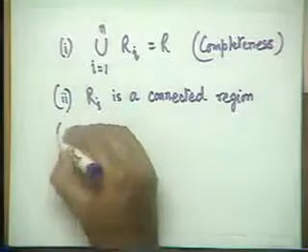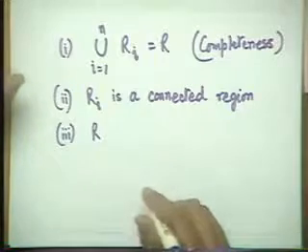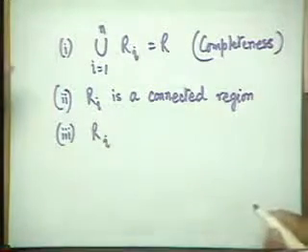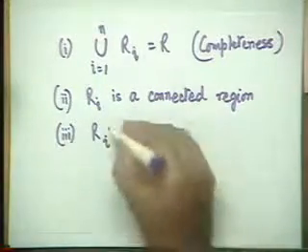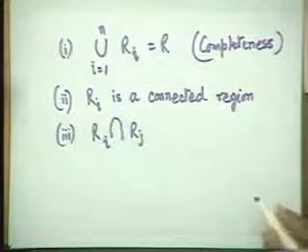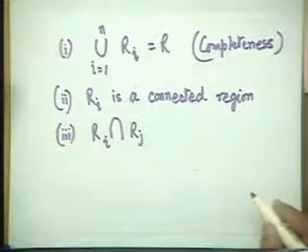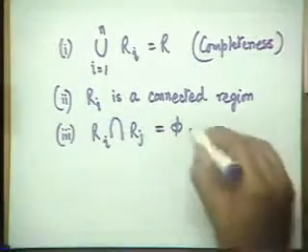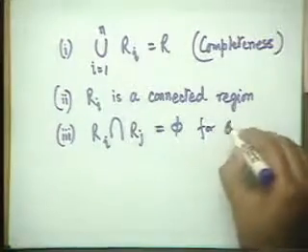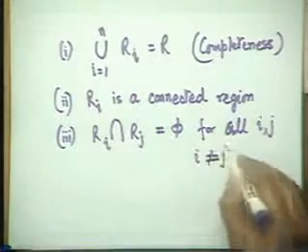The third property is that if I take the intersection of two regions, Ri and another region Rj, then the intersection should lead to a null set for all i and j, provided that i is not equal to j.